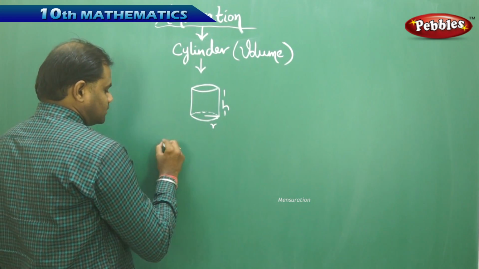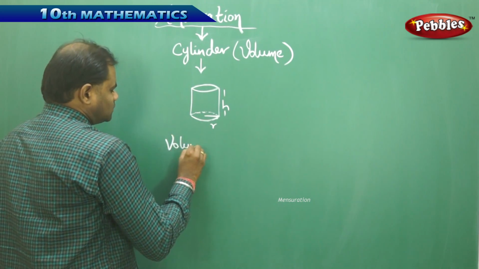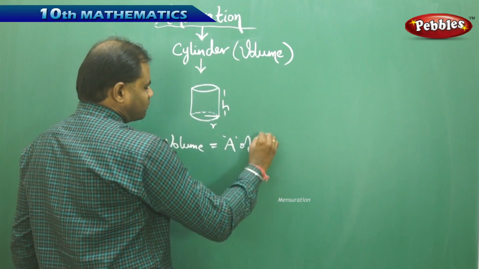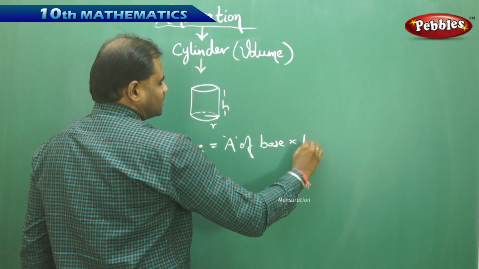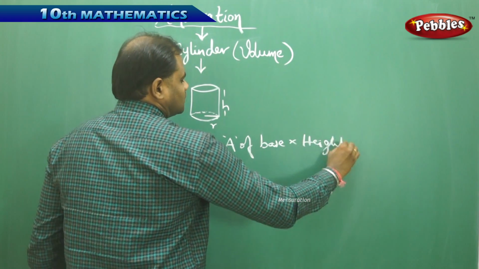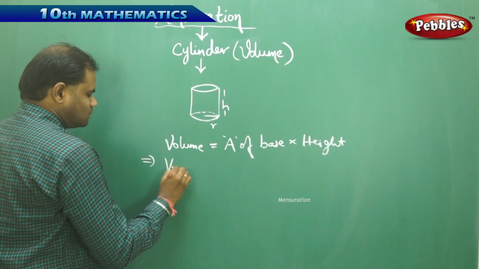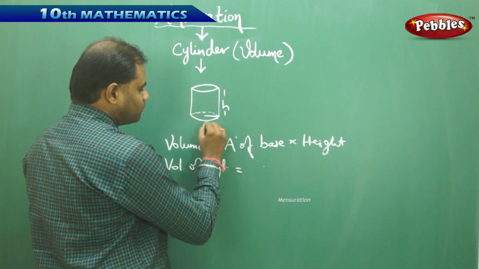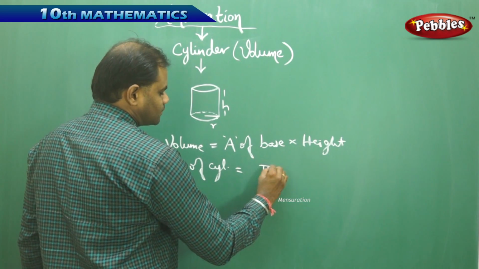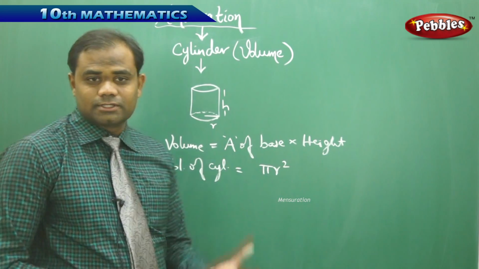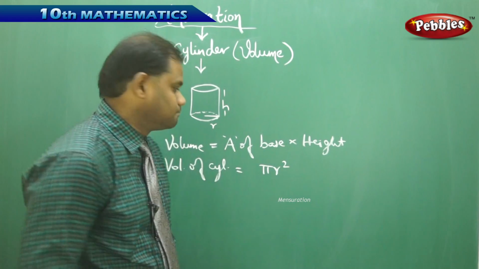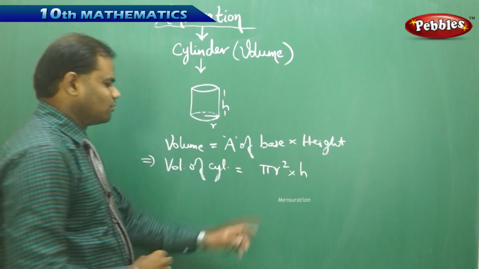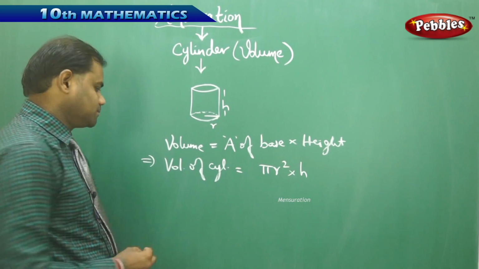So as I find that volume is area of base into height, therefore the volume of a cylinder is nothing but the area of base, which is a circle, and hence the area of the circle is pi r square, times the height of the cylinder h, therefore it is pi r square times h.